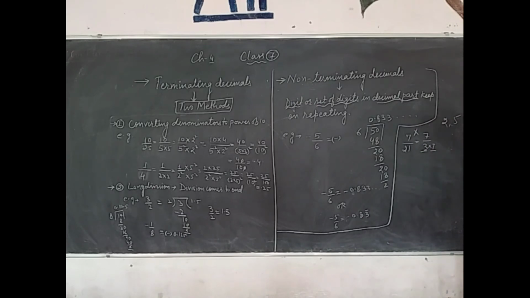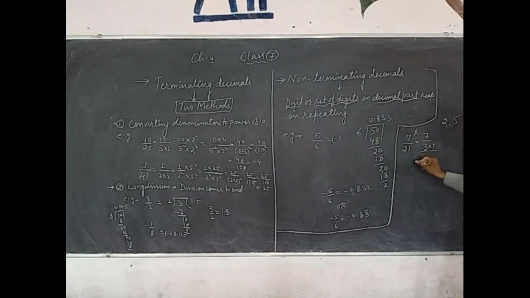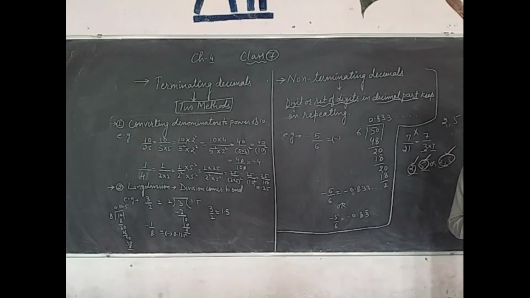And where you get the prime factor as 2, as 5, or both, either you can get 2, or you can get 5, or you can get both. Clear? So if your denominator's prime factors are 2 or 5 or both, then that particular rational number will be a terminating decimal.